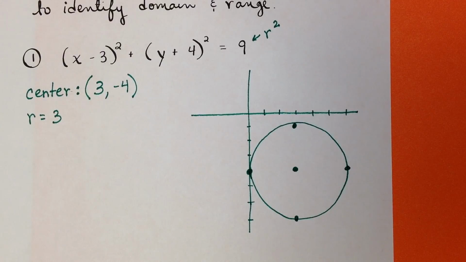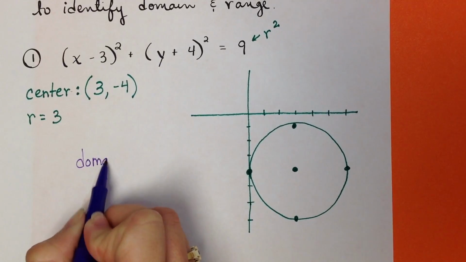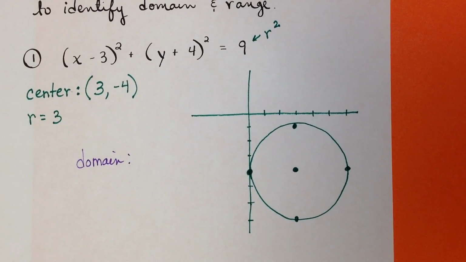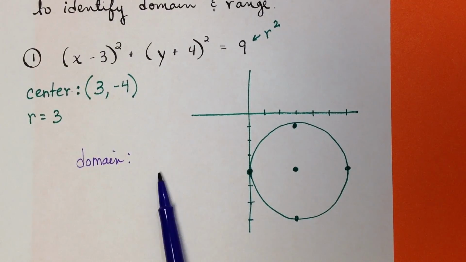Now, we are asked also about domain and range, which we have done before. Your domain, remember, is your x values. So the easiest way I described it before is look at your graph from its left side to its right side. When you start looking at it from the left side, no part of this graph goes to the left forever.